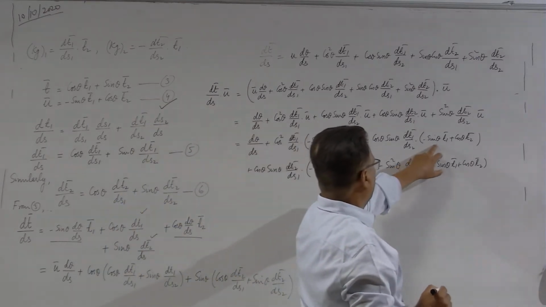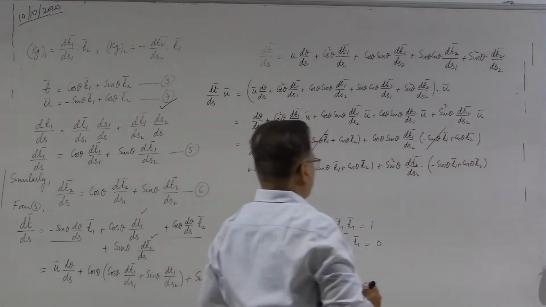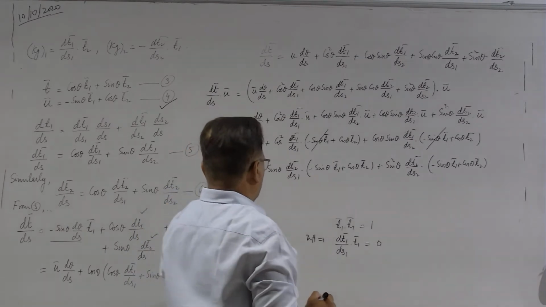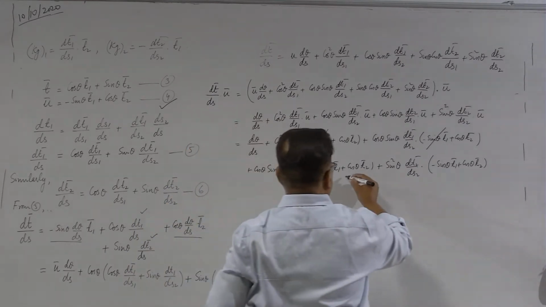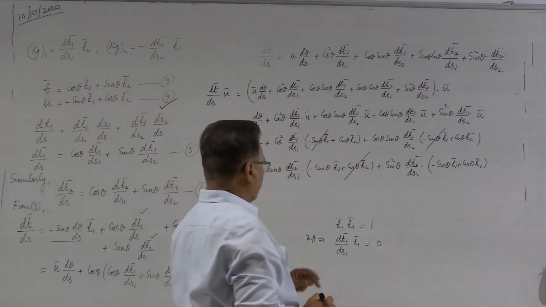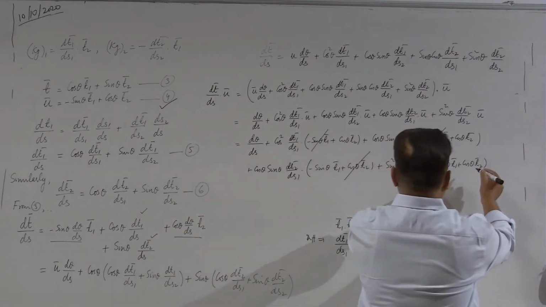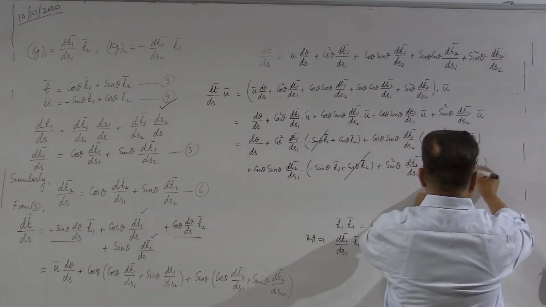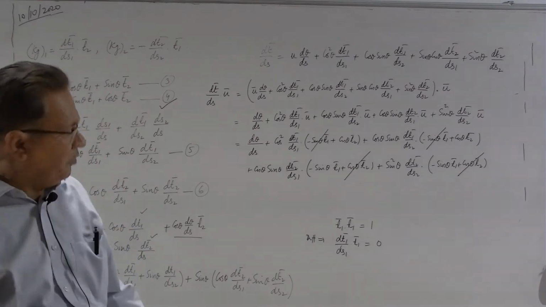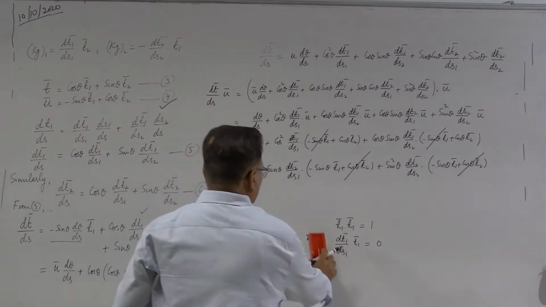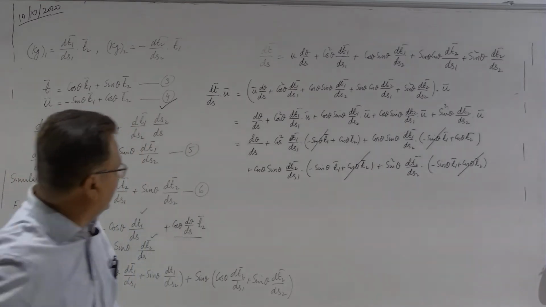Similarly, over here this term will go off when you take the dot product, and the second term from here will become 0. In the last relation, this cos theta term will be 0. So this term will not contribute anything; the dot product will be 0. Let us look at the remaining terms.